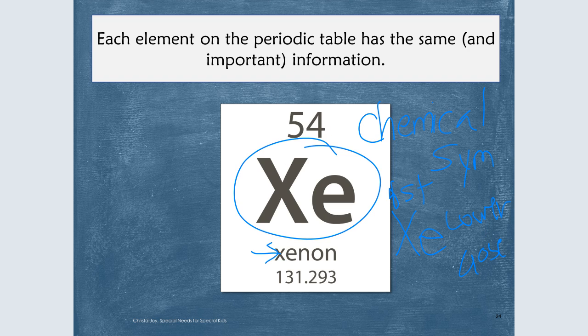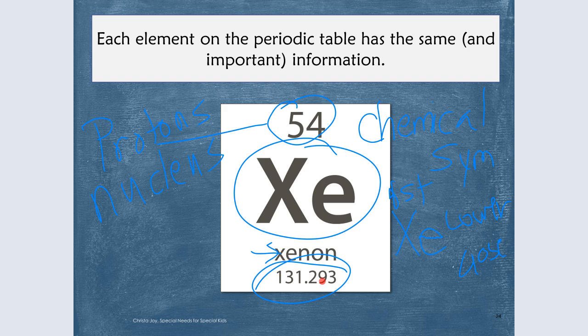There is important information about this. So this, the 54, tells us the number of protons in the element in the nucleus. So this has quite a few. And also in the nucleus, it has neutrons.